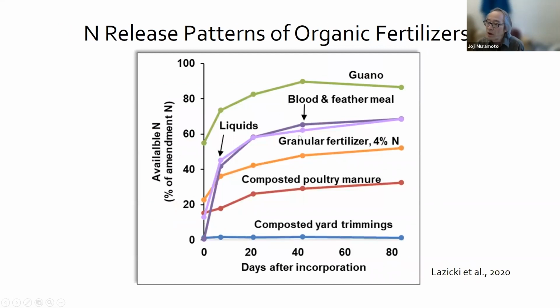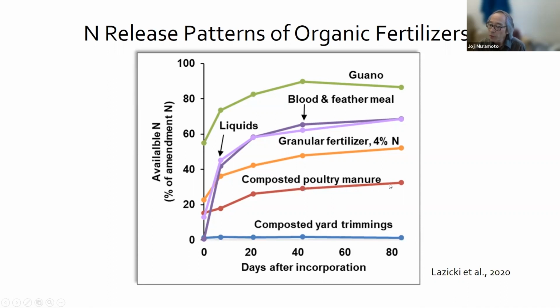When these are incorporated in the soil and incubated in ideal moisture and temperature conditions, they start to decompose and release a plant-available form of nitrogen, inorganic nitrogen. But it very much depends on the material. For the composted trimmings, as you see here, there's almost no nitrogen released even after 12 weeks, 84 days.